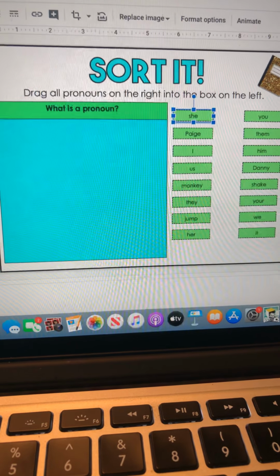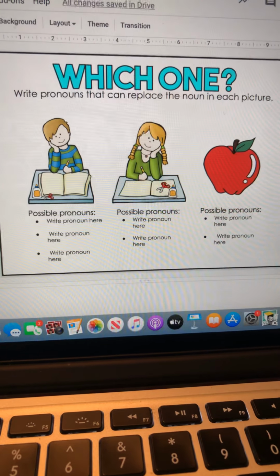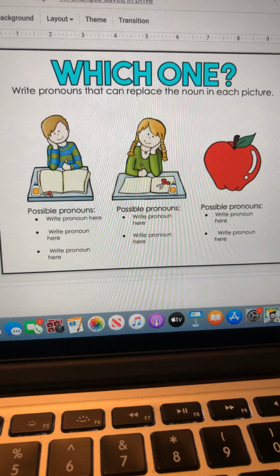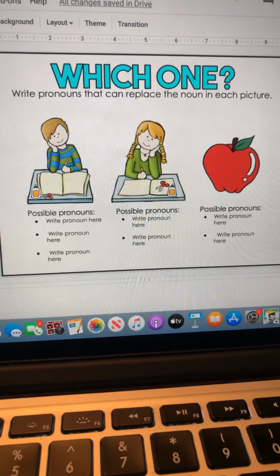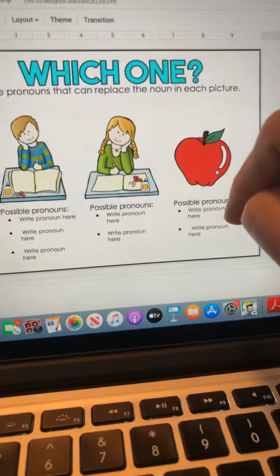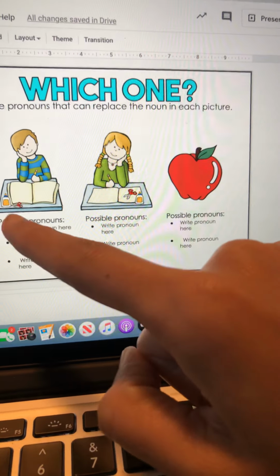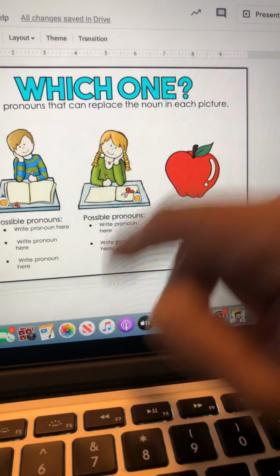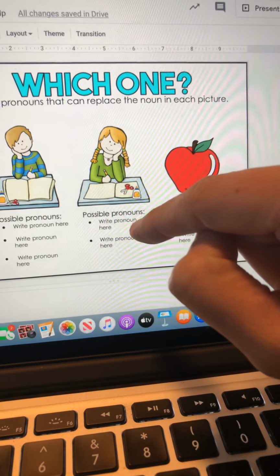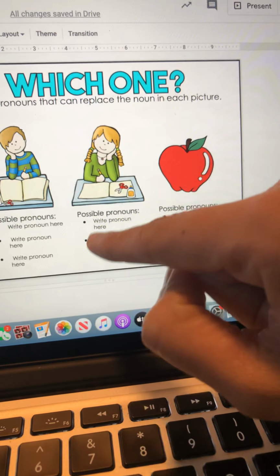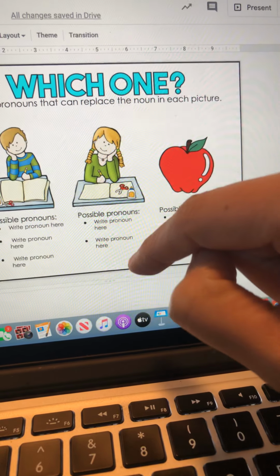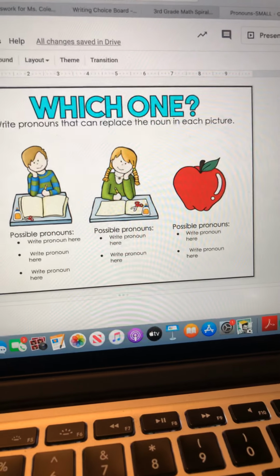All right, next slide. Which one? Write pronouns that can replace the noun in each picture. We have three pictures here. We have a boy sitting at a desk, and he has paper and a pencil and scissors and glue. Then we have a girl who is sitting here with a pencil and paper and scissors and glue. And over here we have an apple.